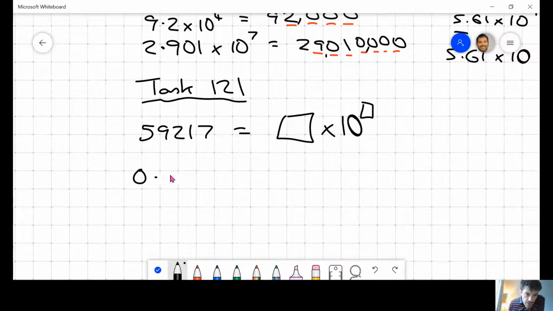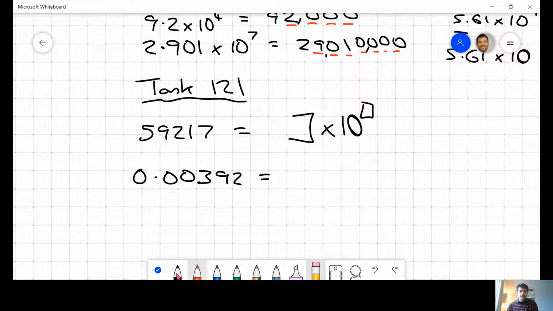But we might not yet be too groovy with small numbers. So what goes up here? Well, it's 5.9217. Okay, and then we think, what the power of 10 is? It's the number of digits here, so 1, 2, 3, 4. This is 5.9217 times 10 to the 4, lovely jubbly.